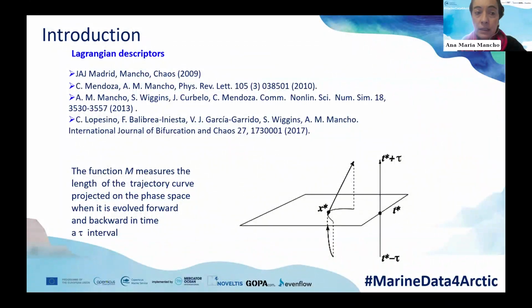So just a note on where this tool is coming from. I am providing here a set of references where the tool of Lagrangian descriptors was introduced. And these Lagrangian descriptors are computed as arc length of trajectories that are integrated forwards and backwards in time.